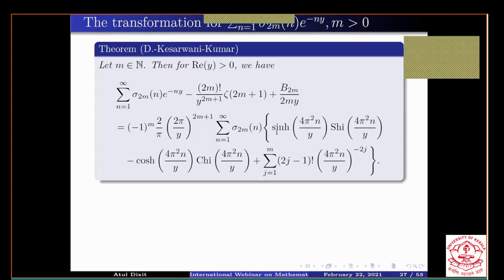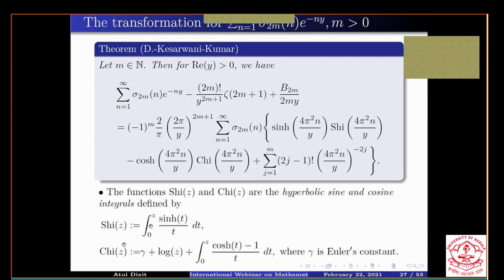What are these functions? We know sine hyperbolic, cosine hyperbolic. This finite sum also just consists of factorials. What are these two functions? These are called the sine hyperbolic integral and cosine hyperbolic integral, and they are two special functions which are well studied.